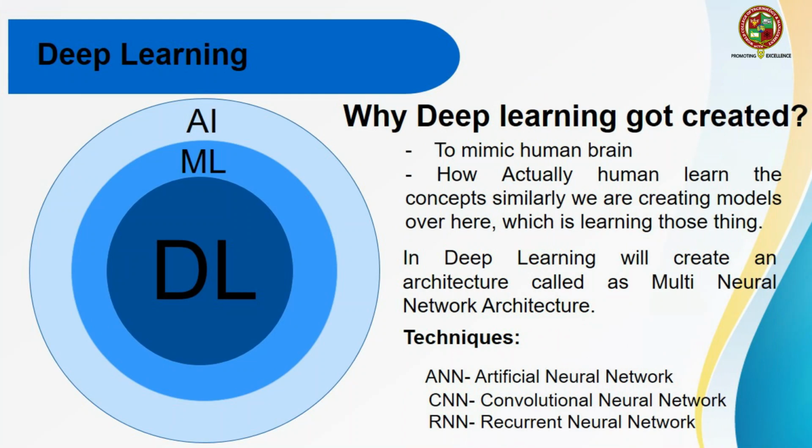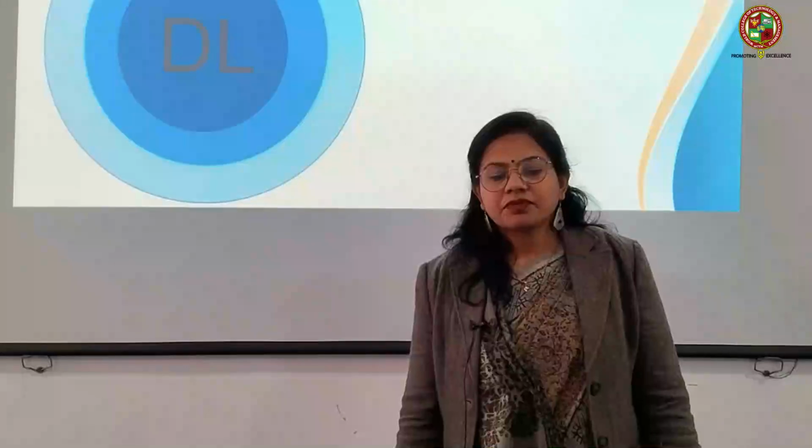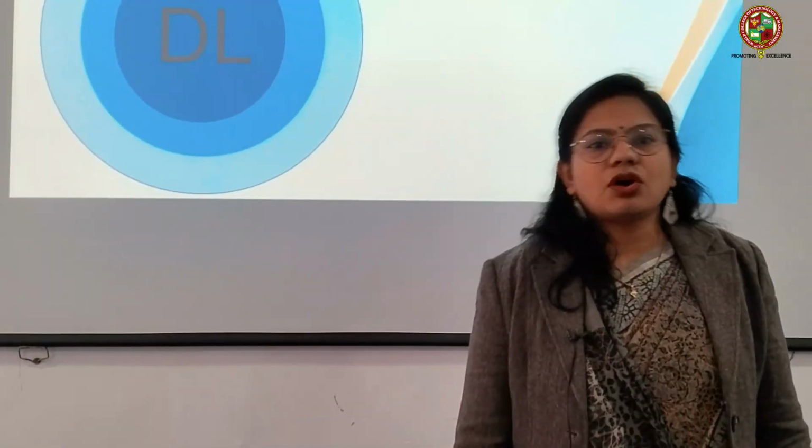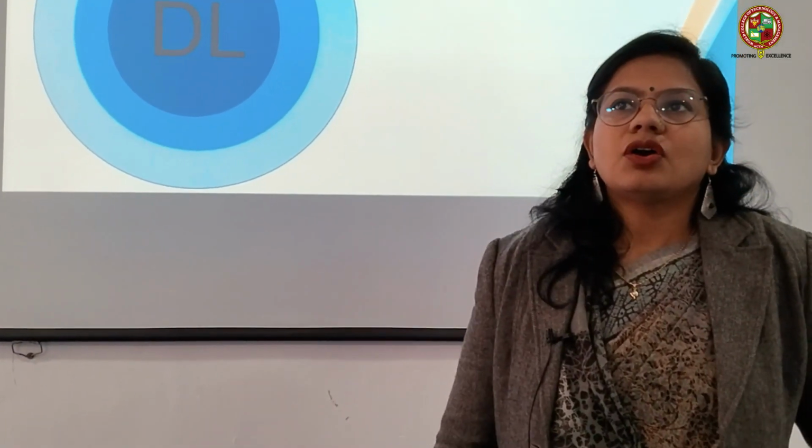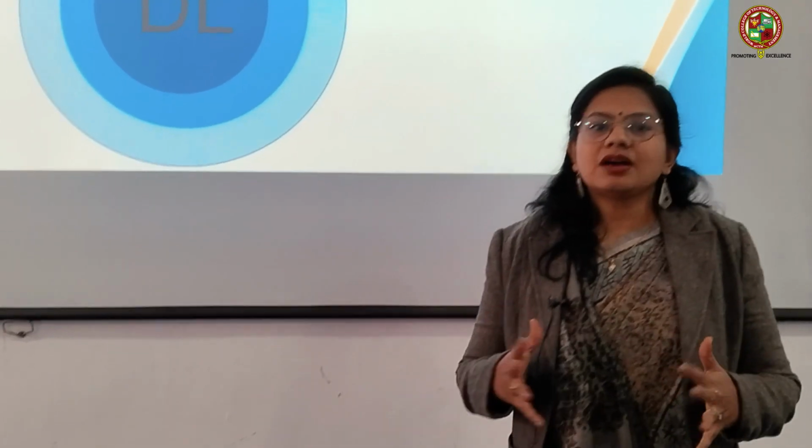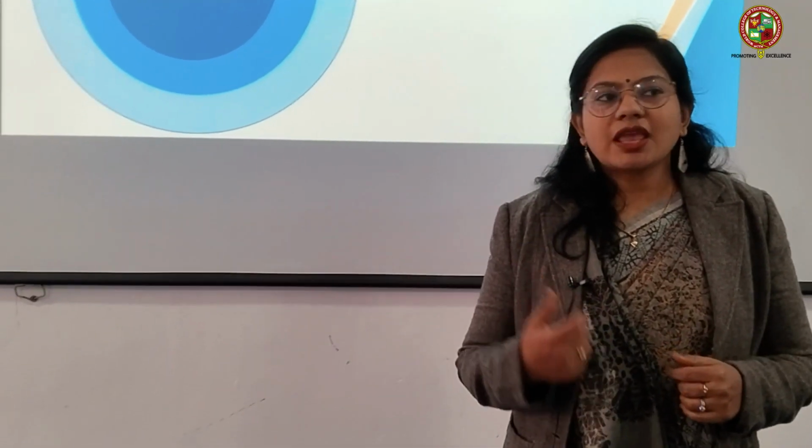Deep learning is again a subset of machine learning. Now the question arises, why was deep learning created? What scientists tried to do is to make a machine learn the same way we humans try to learn things with the help of our human mind.